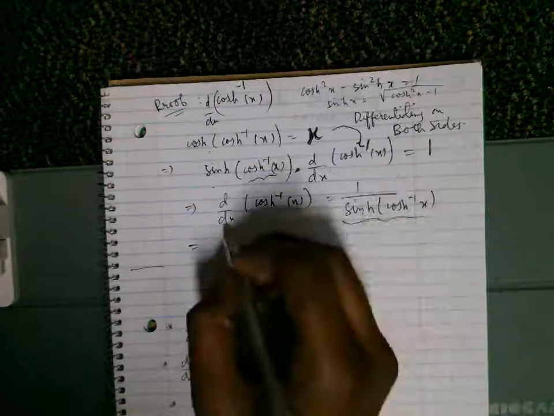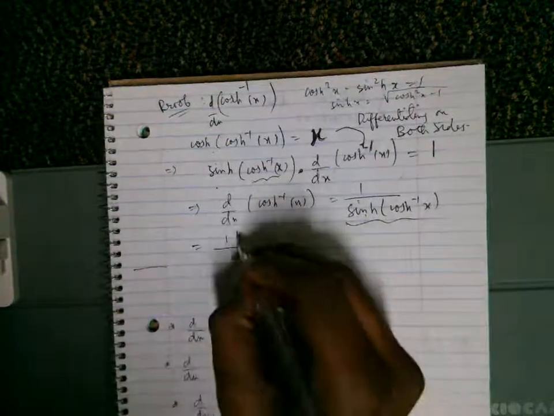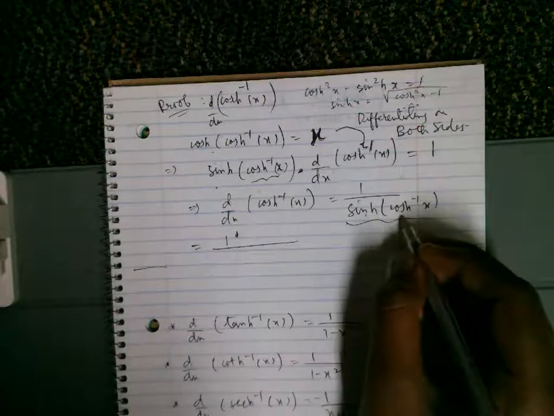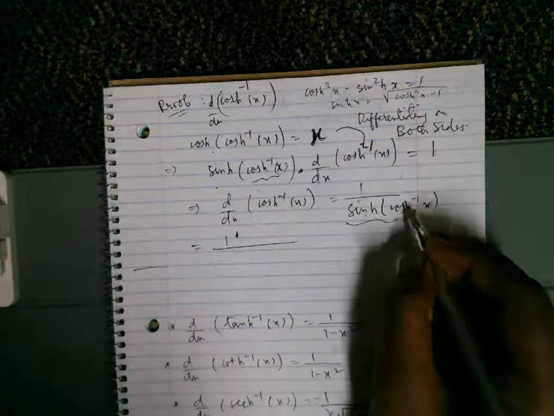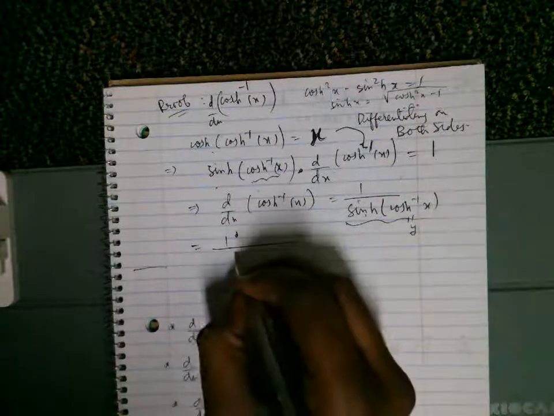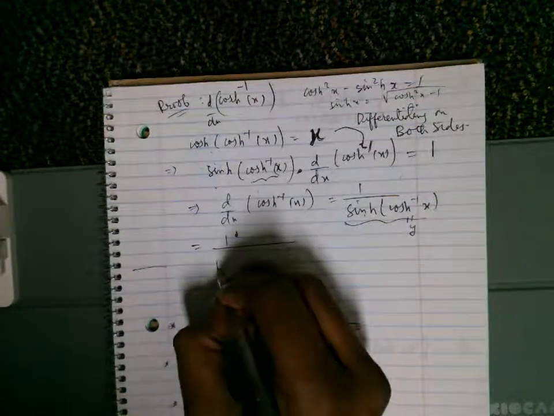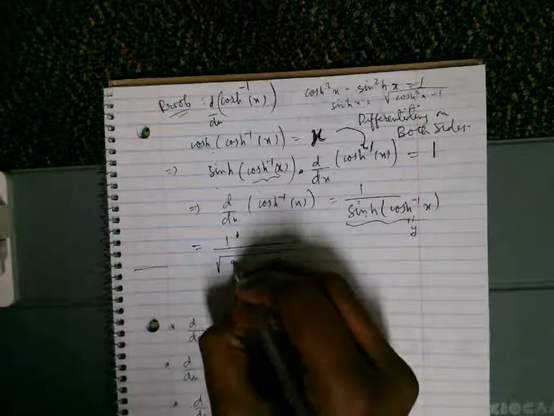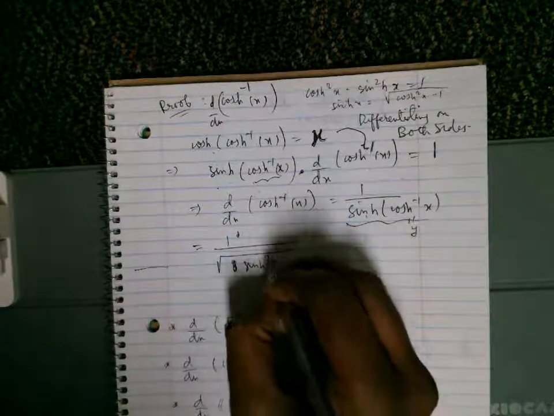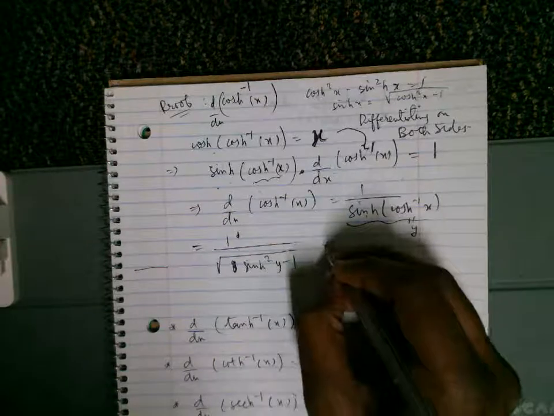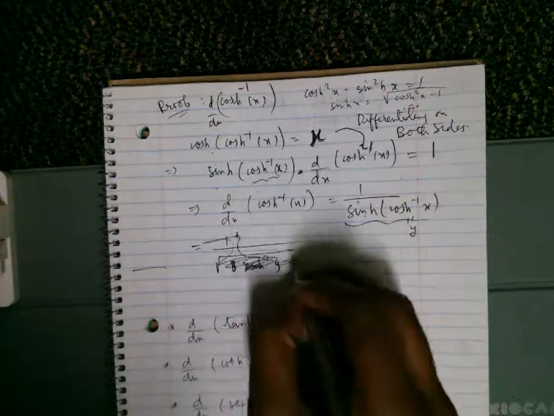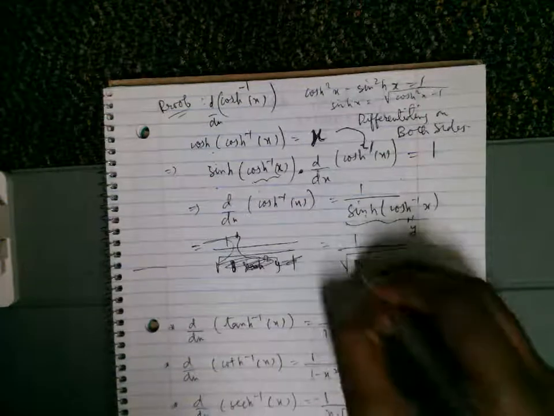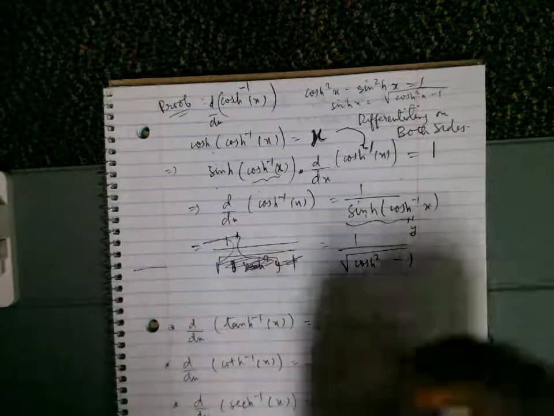So I'll write that down. Here, instead of x, you can just use y if you are confused. Say cosh inverse of x is equal to y. Then we can write this down as 1 by square root of cosh squared y minus 1.